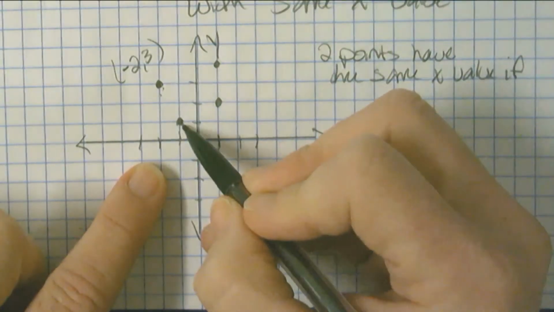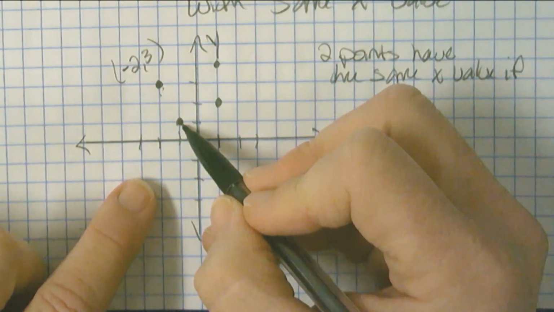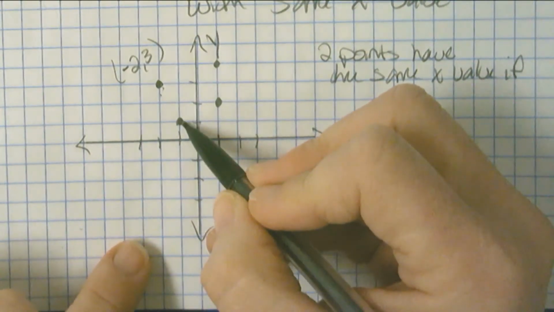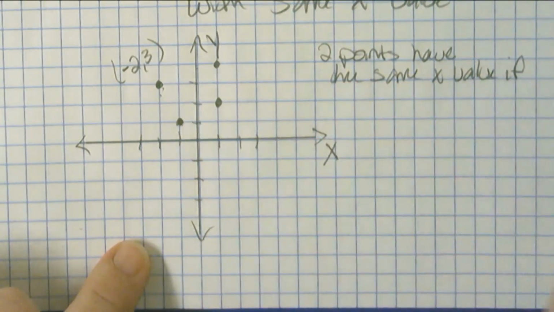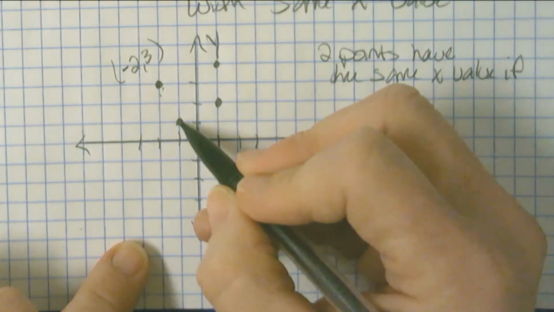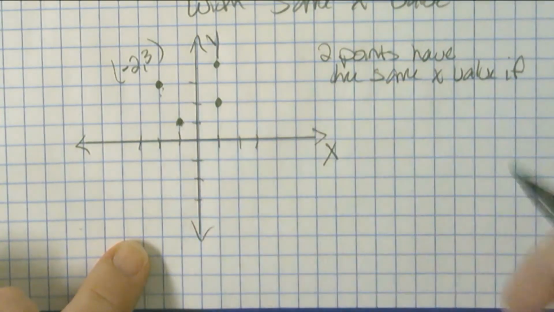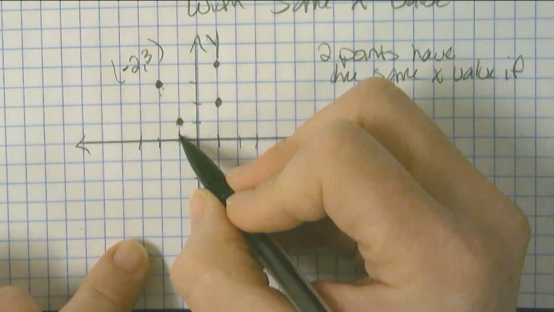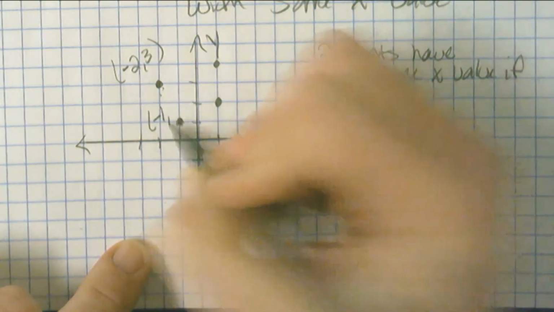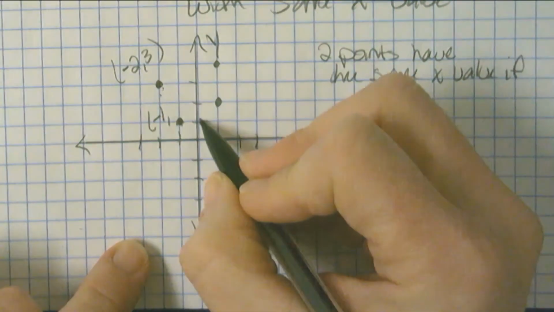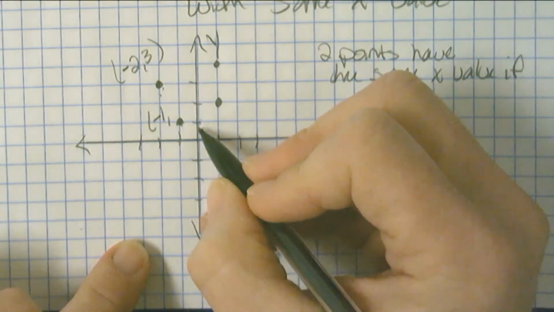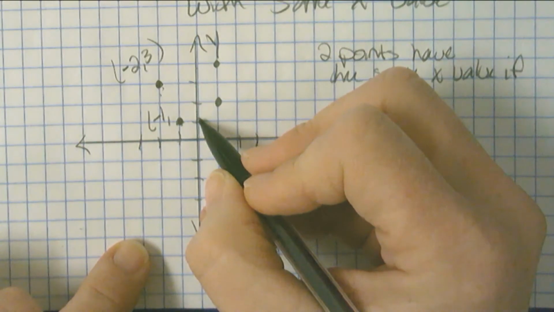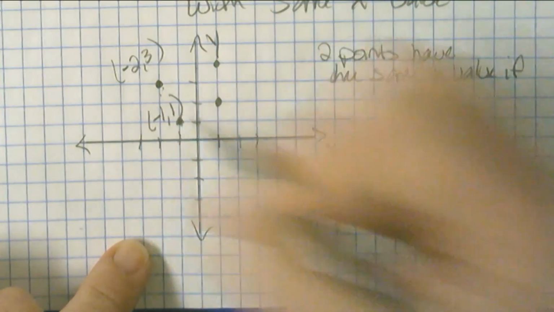Someone tell me this coordinate point. Sam, what is this coordinate point right here? How many spaces is it off the origin? It's going up 1 from the origin. So this is -1, 1.